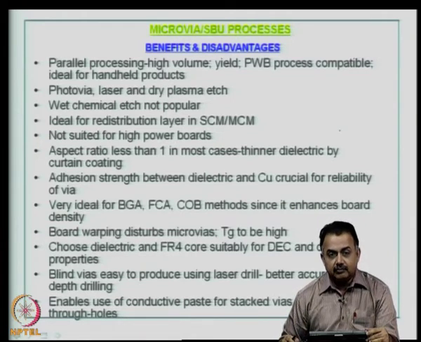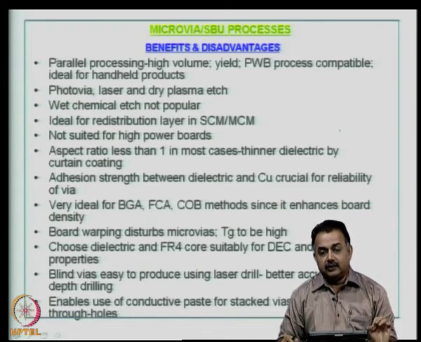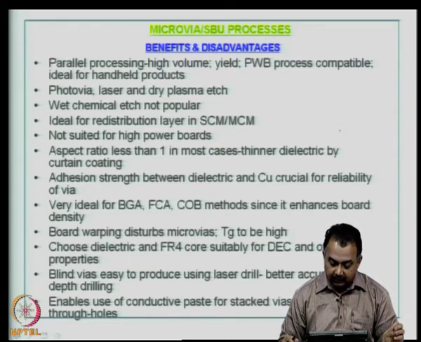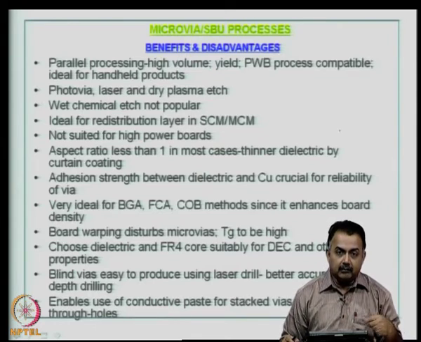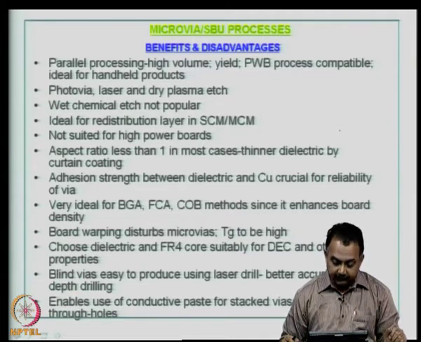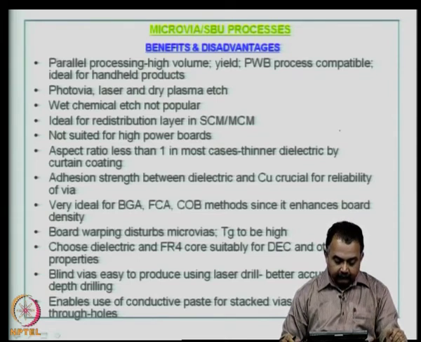Blind vias are easy to produce using laser drilling than mechanical drilling, because you can control very well the depth drilling in laser compared to mechanical drill. Therefore, you can get much better accuracy, tolerance can be achieved, and the quality is also much improved in these cases of blind vias.